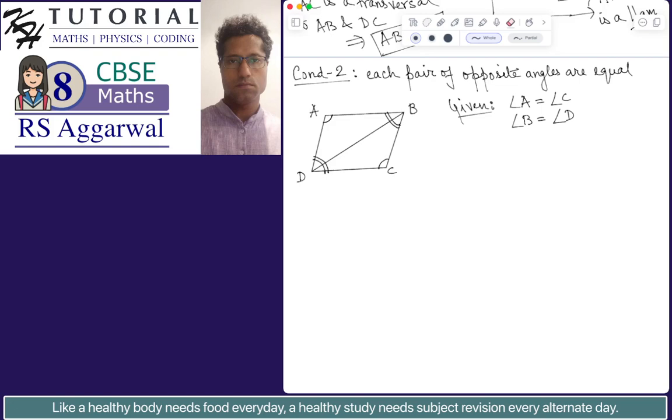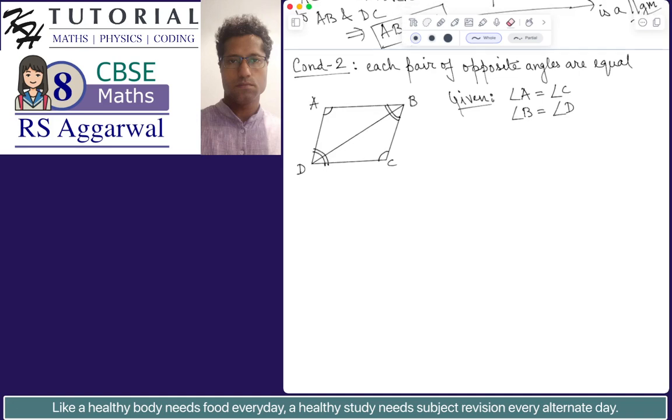This is equal to this. I'm stuck on how to prove that this will be a parallelogram based on the fact that opposite pairs of angles are equal. I will skip it for the time being. I will come to the proof of this condition later on.